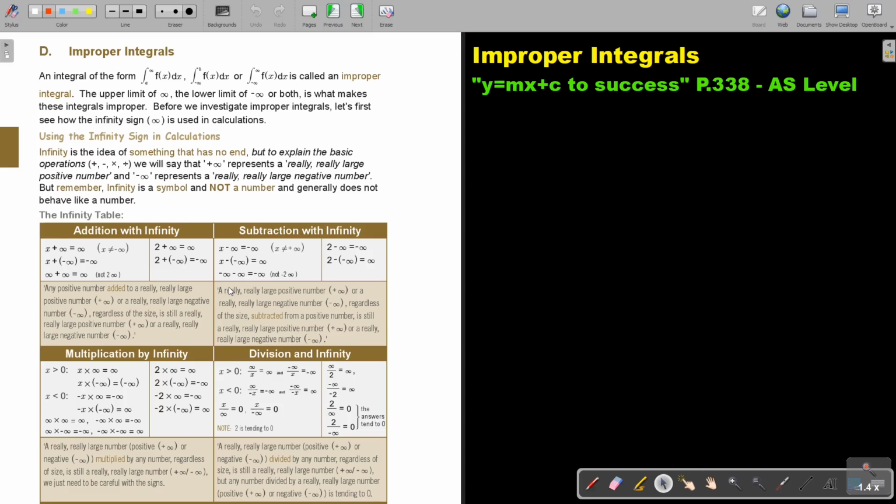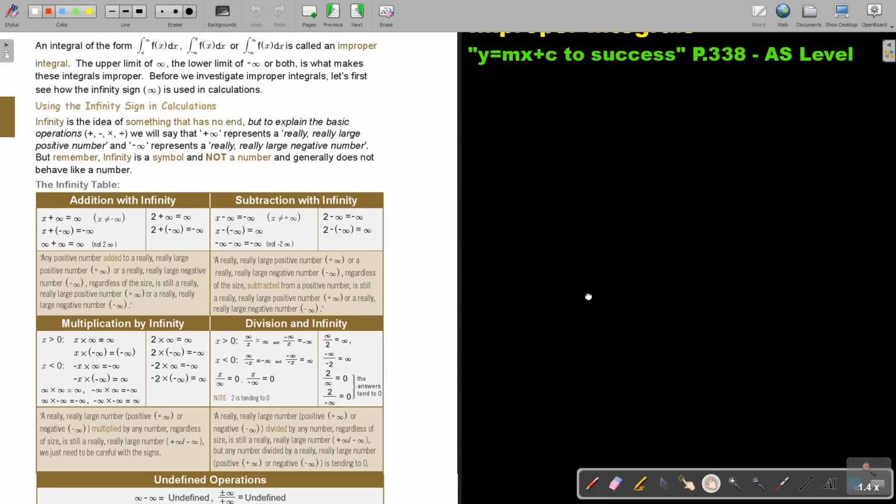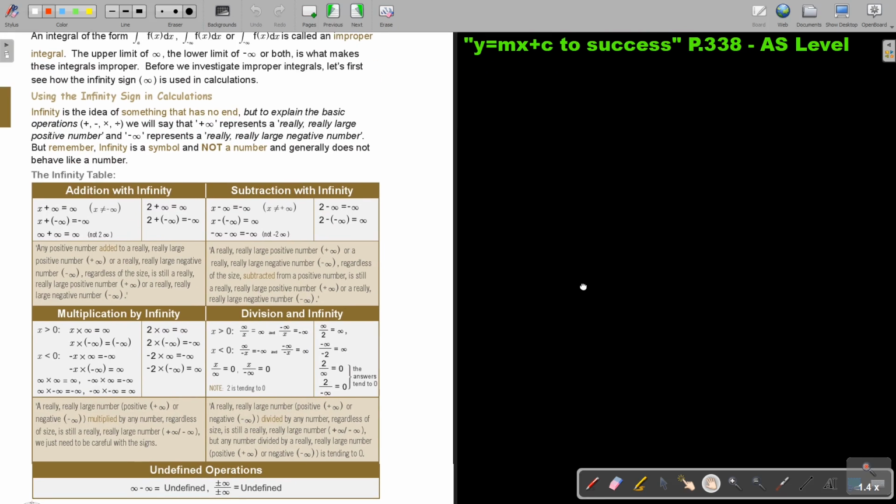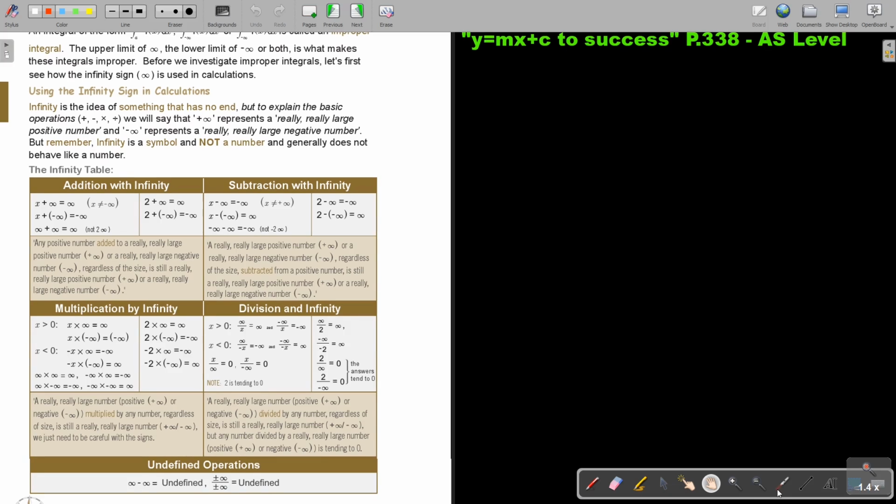Now let's look at multiplication and division by infinity. Multiplication by infinity. If x is bigger than 0, so it's a positive number, then x multiplied by positive infinity stays positive infinity. It's better to put a number in the place of x.